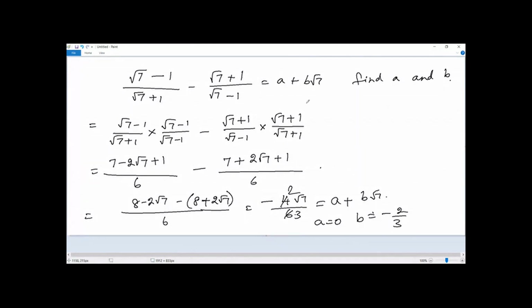See, the answer we got is minus 2 root 7 by 3. There is no a, so a is 0. b is the coefficient of root 7, the minus 2 by 3. Correct? Yes, ma'am.